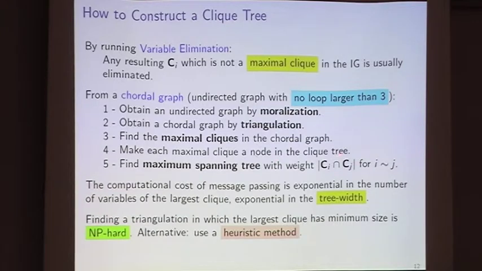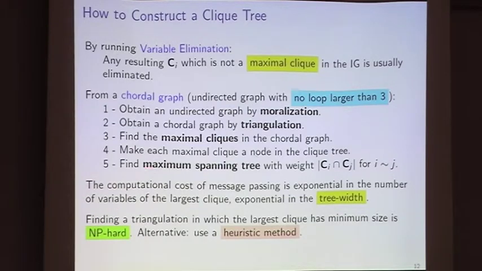Once we have the nodes in the clique tree, we only have to connect them to form a tree, and we can do that by just finding the maximum spanning tree in which we weight each connection by the number of common variables between the 2 nodes connected by that edge.